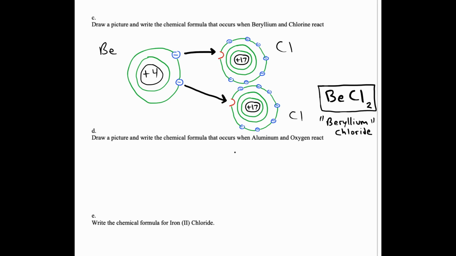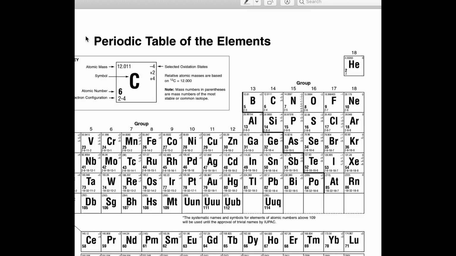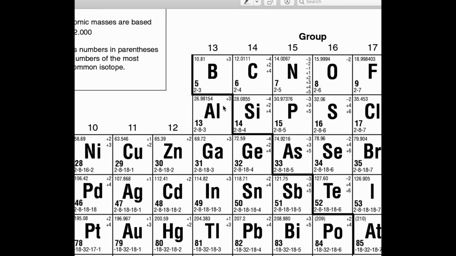For the next one, we want to do an ionic bond between the metal aluminum and the nonmetal oxygen. So, if we go to the periodic table and zoom in on the entry for aluminum, we can see that it has a +3 in the upper right.